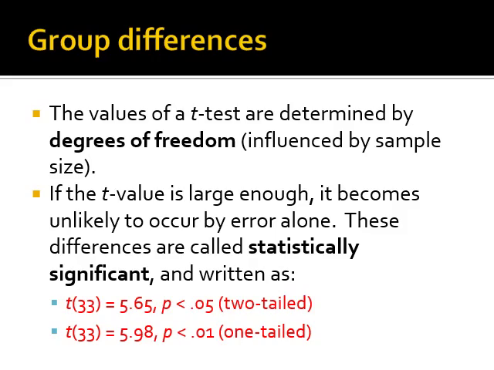That means that we have a t-statistic of 5.98, doesn't mean a whole lot until we get the p-value, the probability value, which is less than 0.01, meaning less than 1% chance of occurring by chance alone. And it is a one-tailed test, meaning we're just looking at one side of the curve. This would be the case if we were doing a CBT versus waitlist study, because we would expect CBT to cause less depressive symptoms compared to waitlist.